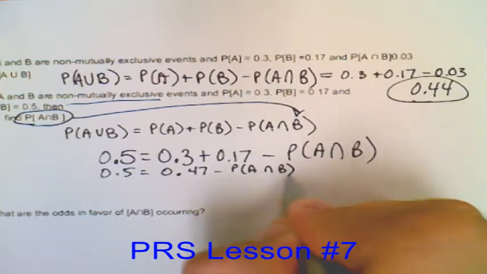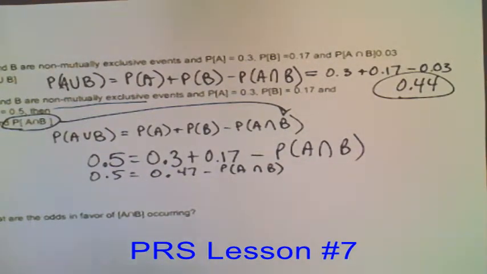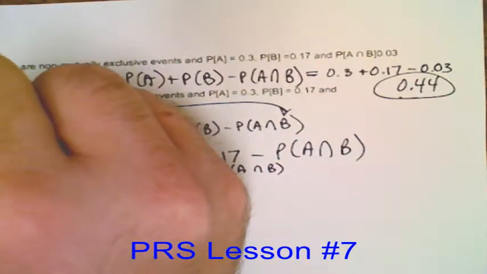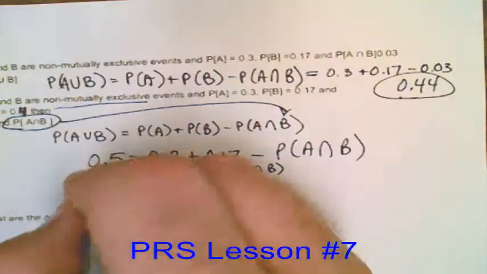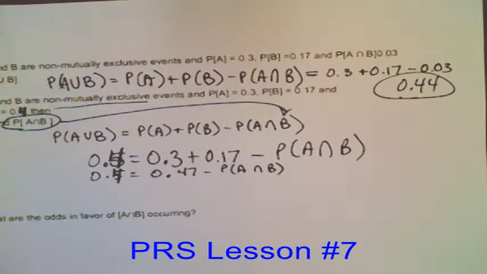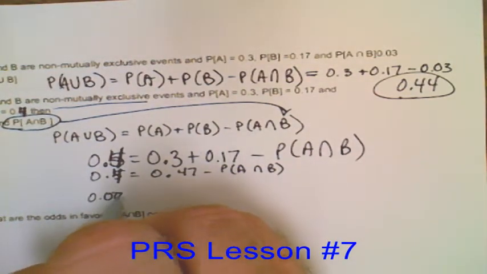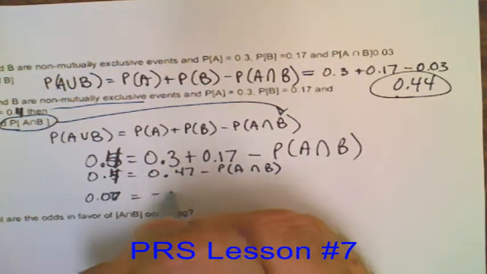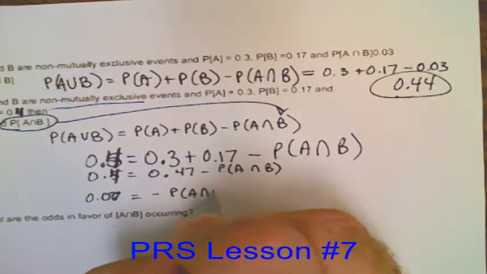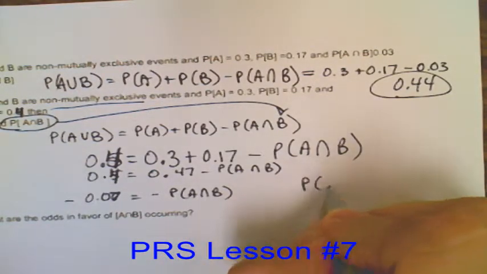So 0.5 equals P of A is 0.3, P of B is 0.17, and P of A and B is unknown. Using algebra, I get 0.5 equals 0.47 minus P of A and B. Now this isn't going to make any sense, so I've got to go back and figure out some things.